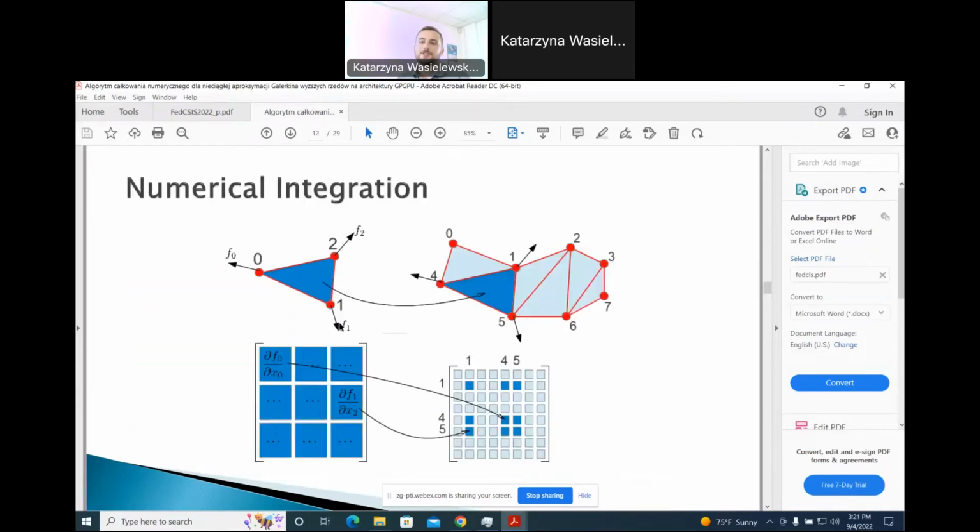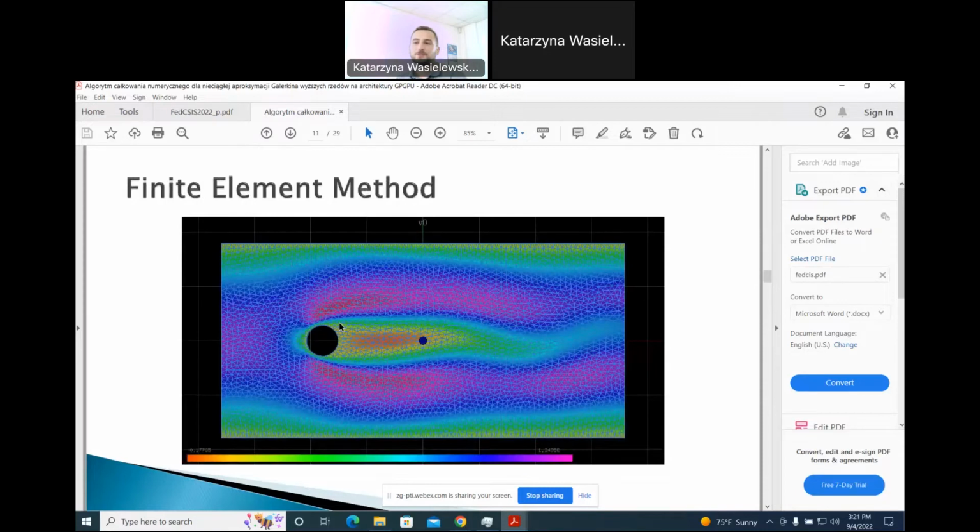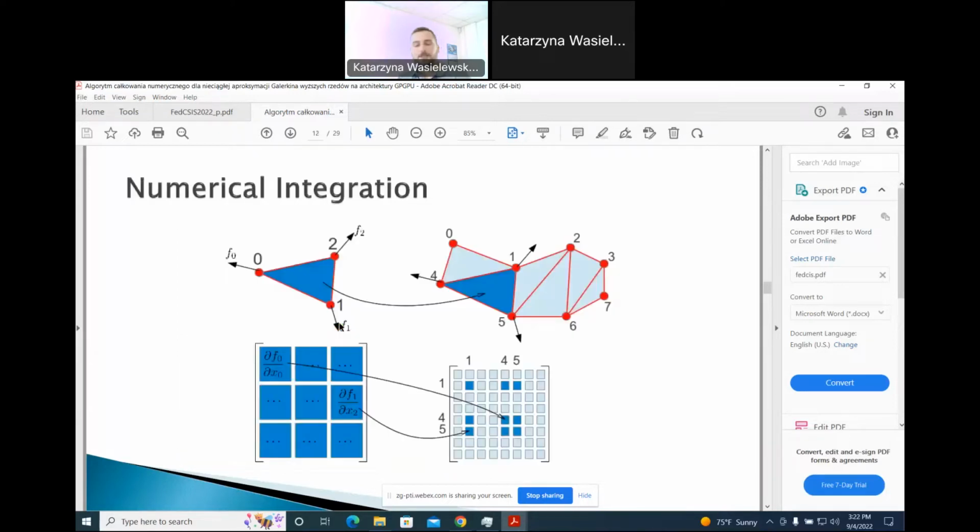For our research, we try to solve the finite element method. It's one of the most challenging engineering tasks for accelerators. Most research on the use of accelerator computing power focuses on the use of GPU. Here we have numerical integration.